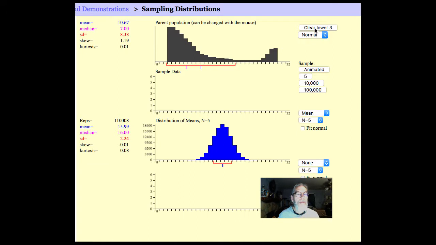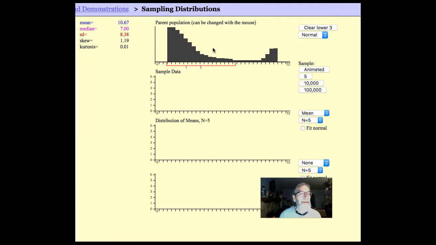I'm going to clear, because I'm going to start over. The trouble with trying to make up a distribution is, what's happening there?